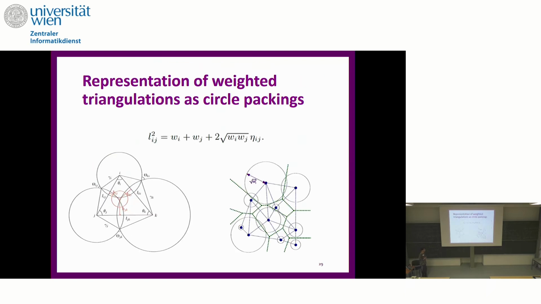And here is the simple equation that links them to each other. Lij can be written as a function of these weights for the two corresponding vertices, plus an expression that is again a function of them and the inverse distance. Okay, there is no magic here.